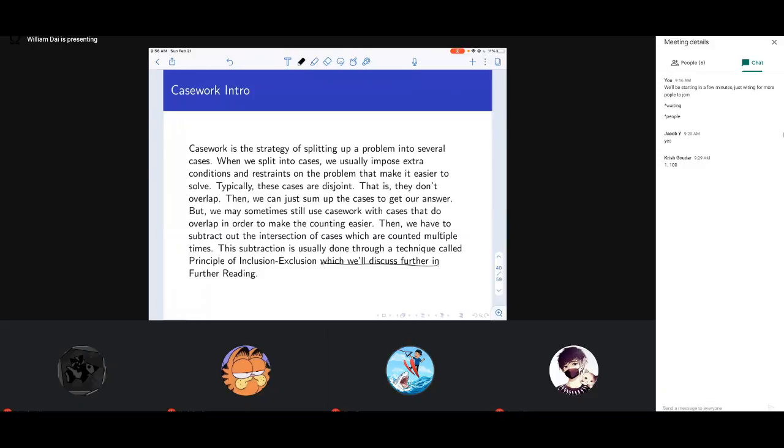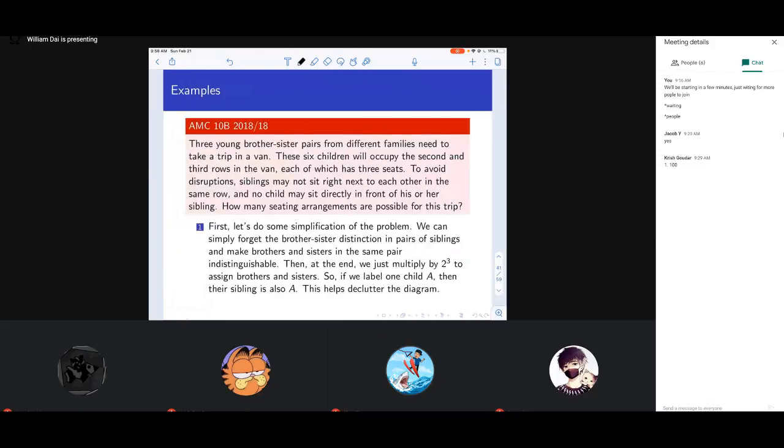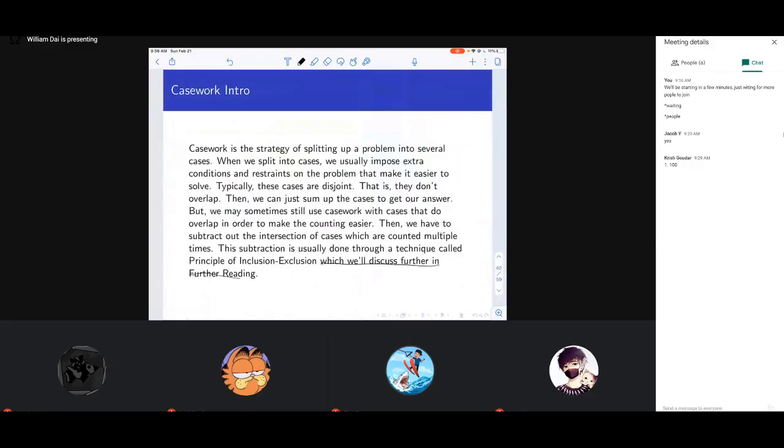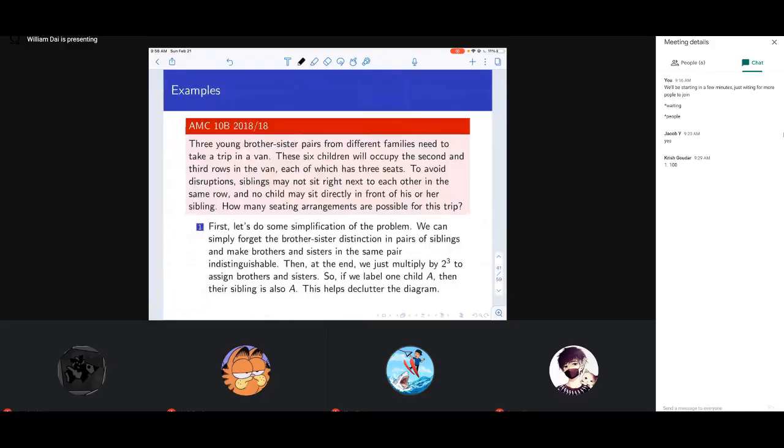There's no further reading for this slide here. So here's an example of casework. We already did some casework problems before. I should have ordered these slides a bit differently, but you should have an idea about what casework is, because we've already used it a couple of times.